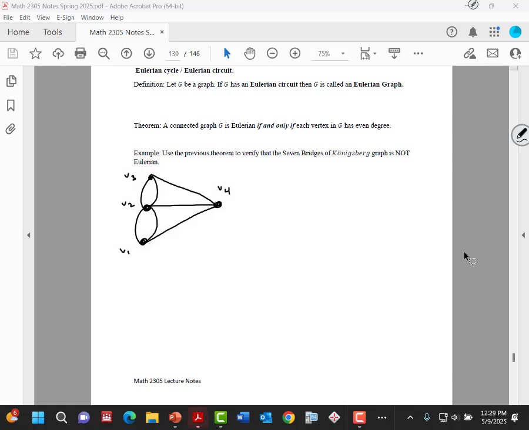Okay, so let's sketch out a very basic proof. Let's take a look at the degree of each of these vertices.